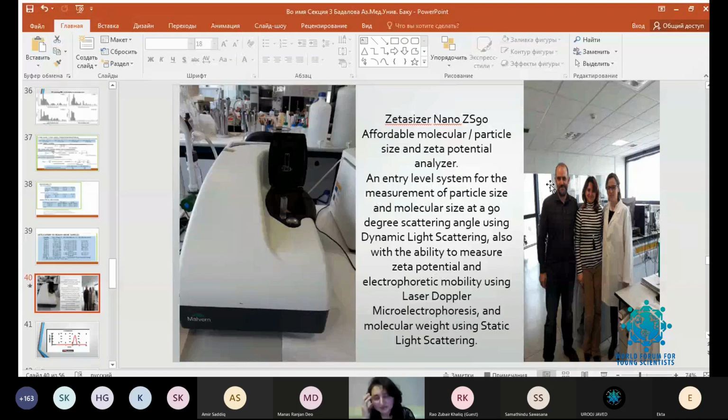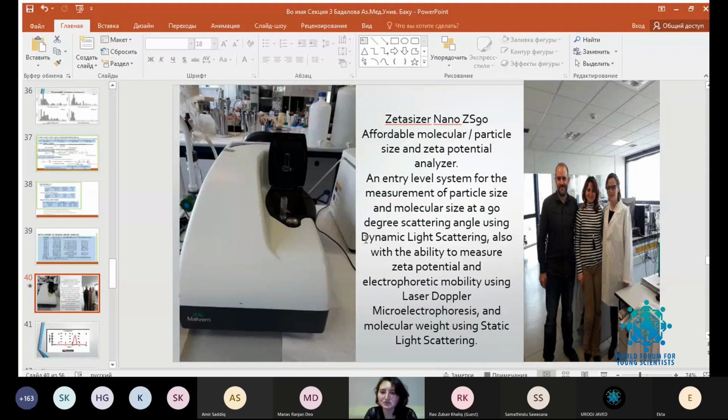Also, we used another instrument. This is Zetasizer Nano ZS90, an affordable molecular and particle size and zeta potential analyzer.